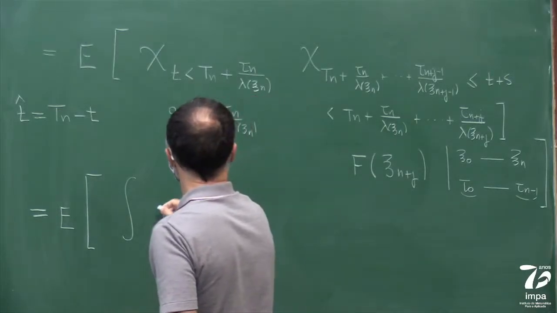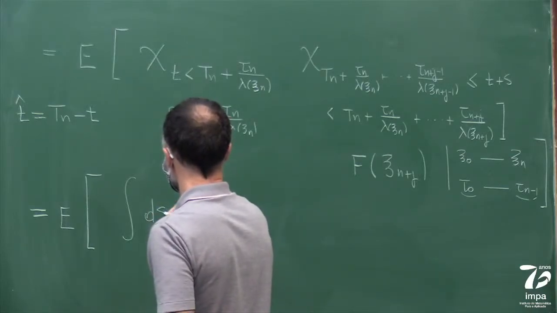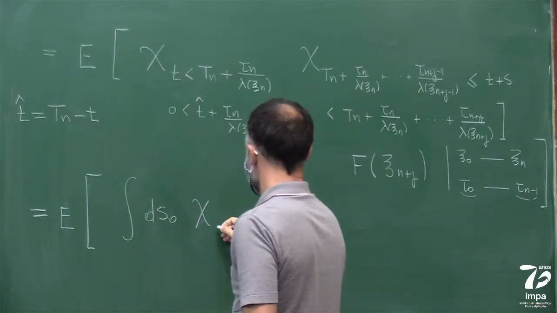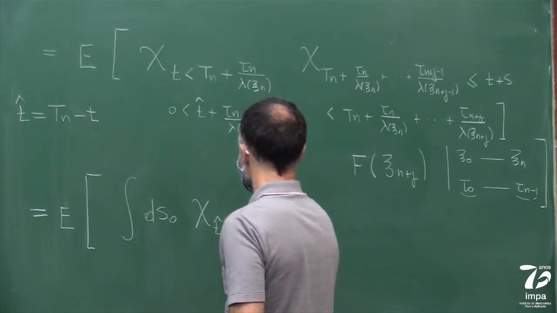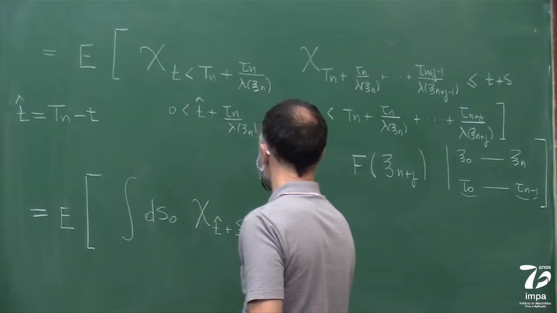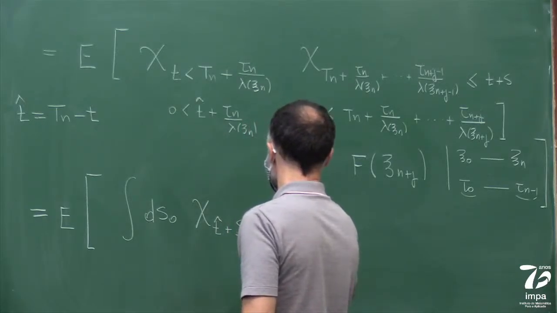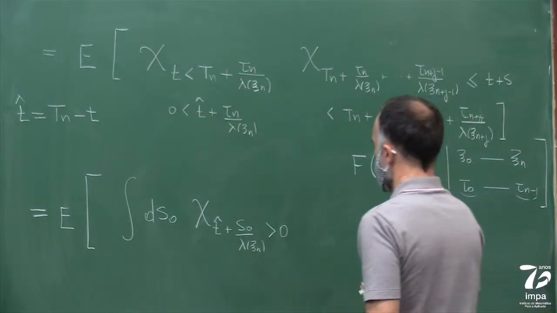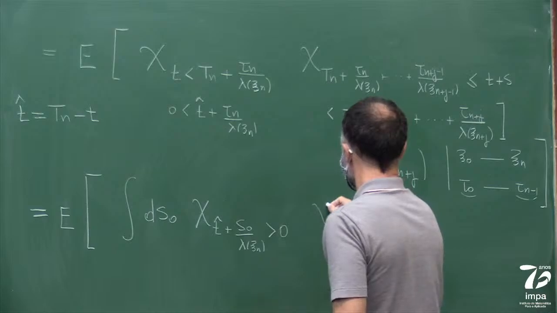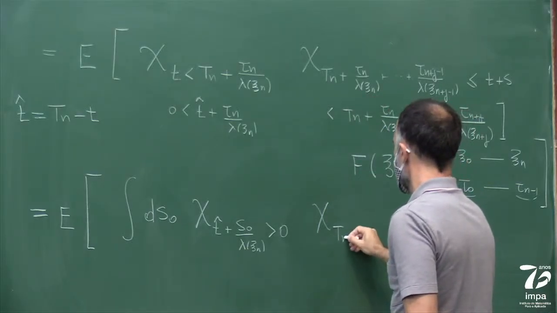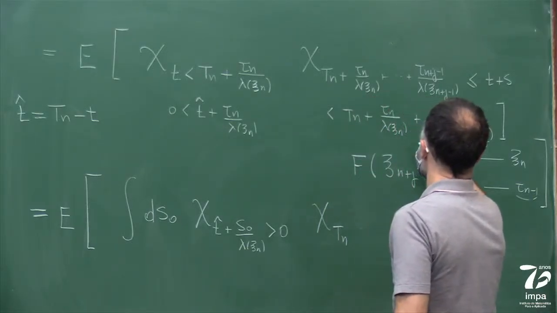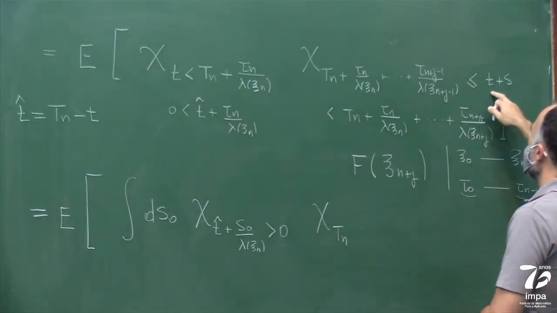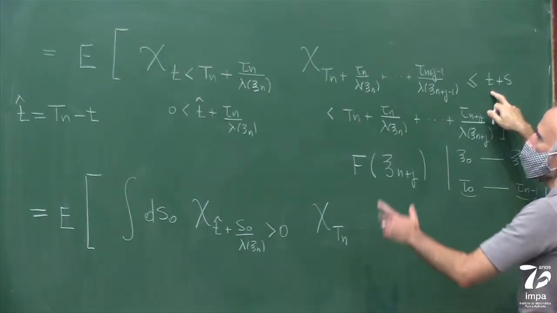So this is the integral of d, let's say S0, the integral that tau hat plus S0 divided by lambda psi n is positive. Then let me subtract t on both sides.